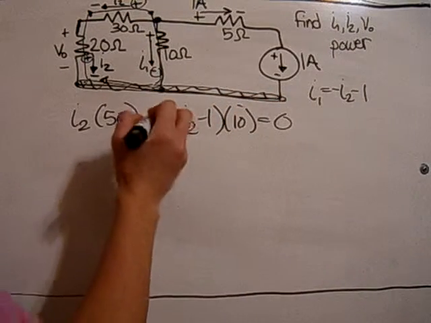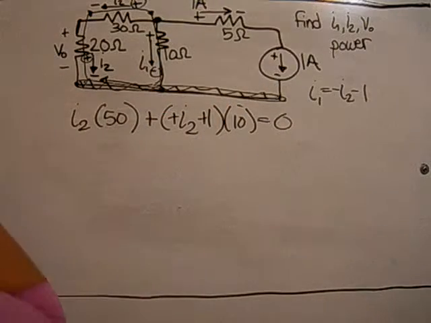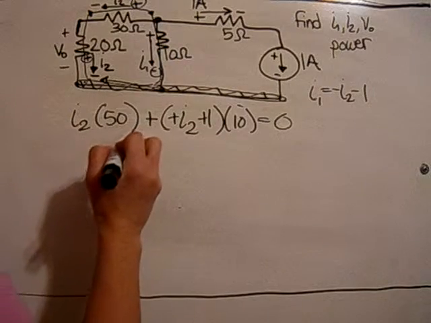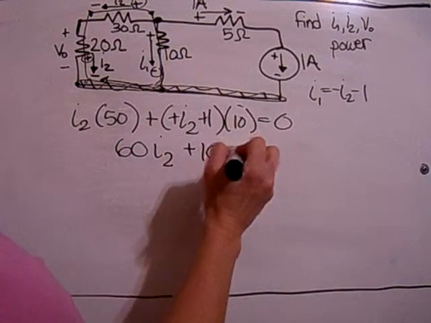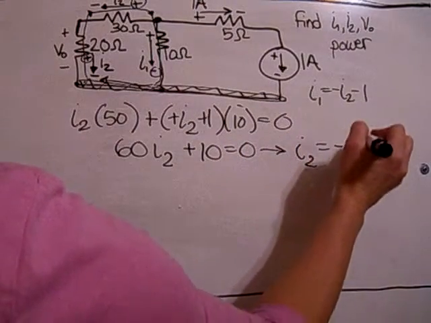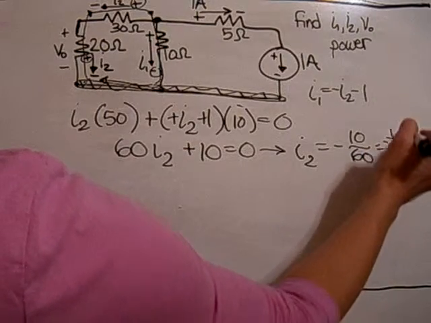So now the negatives all become positive. Negative times negative is a positive. Combining all of the I2s gives me 60 I2 plus 10 equals 0. So I2 is negative 10 over 60, or negative 1/6.